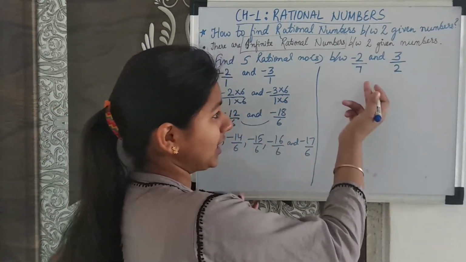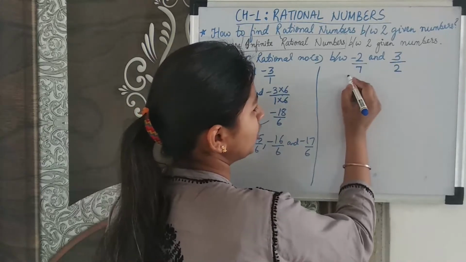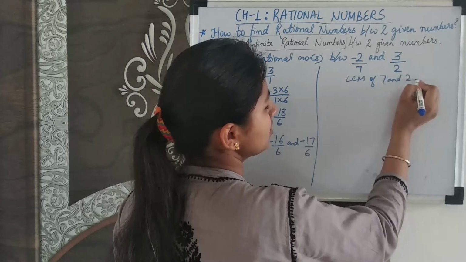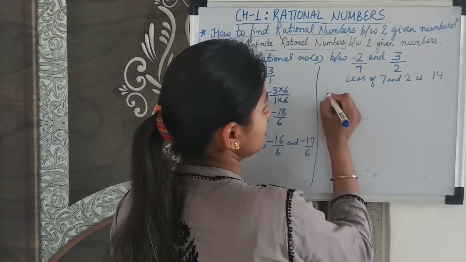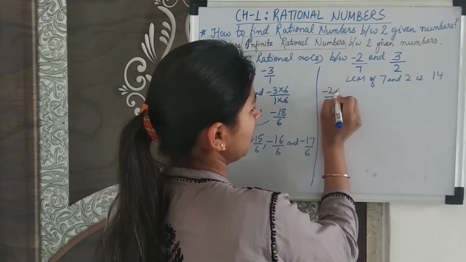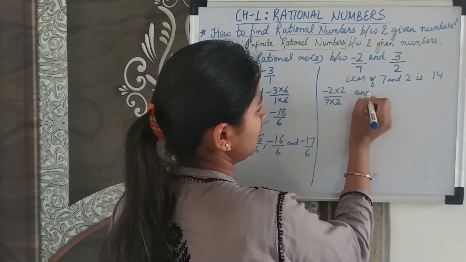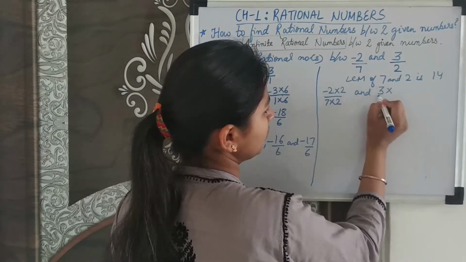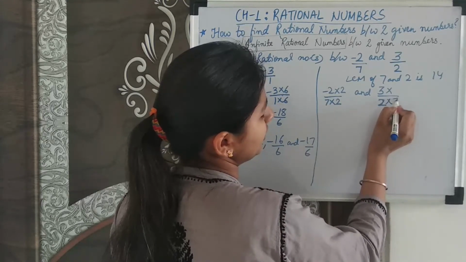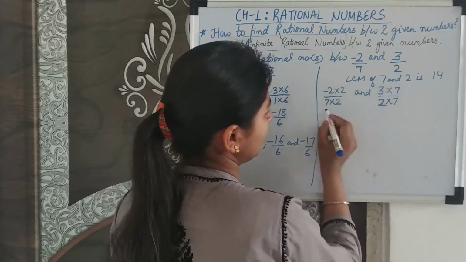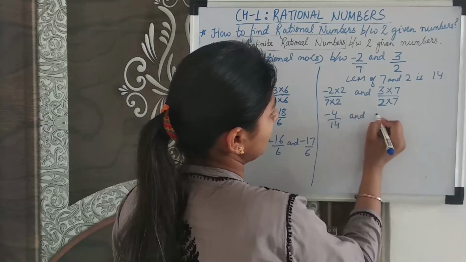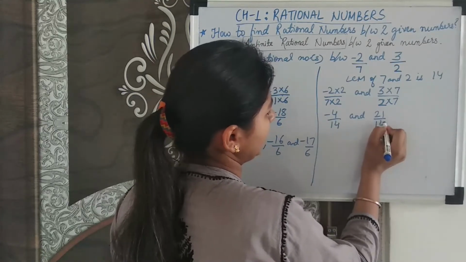We can do it by finding the LCM. The LCM of 7 and 2 is 14. So this will become minus 2 into 2, and here also this 2 should be multiplied with 7 to make it 14. This is minus 4 by 14 and this is 21 by 14.